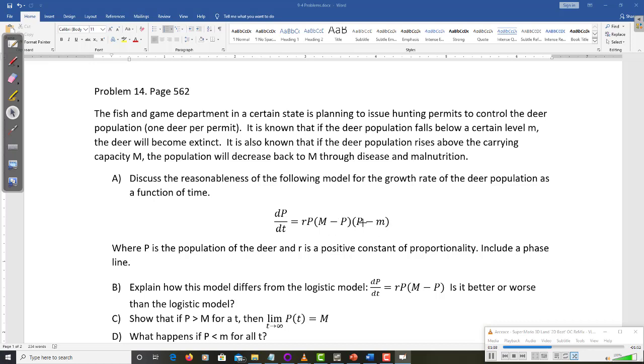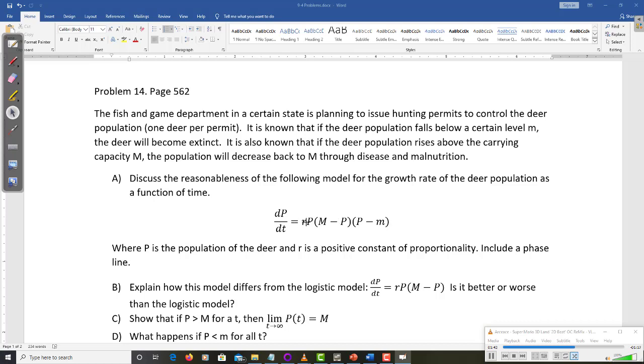So this is right. P minus little m. Let's see. So if little m becomes bigger than P, this will be negative, and it means the population will continue to fall. It will become extinct, go down to 0. So that makes sense as well. This will be negative if P gets too tiny, because then there just won't be enough deer left to sustain the population, and the rest of them will just die out.